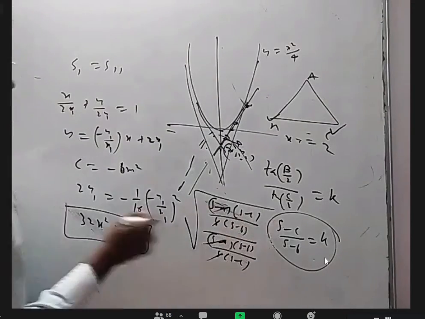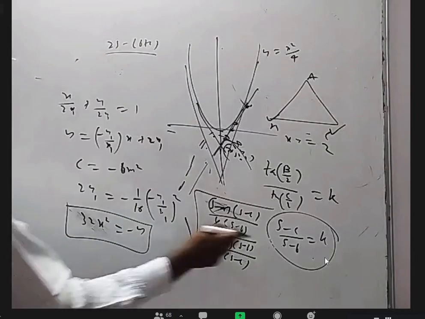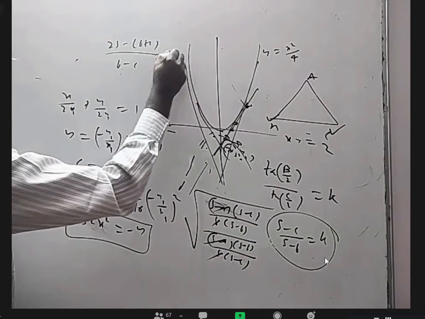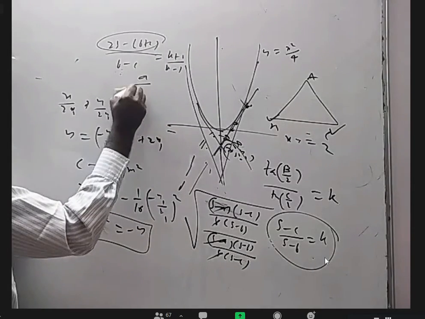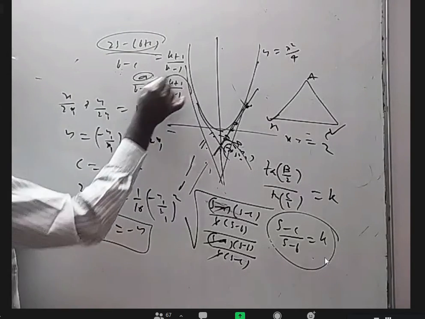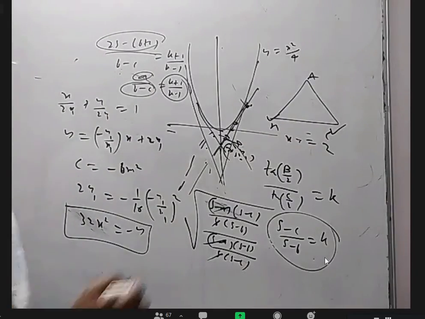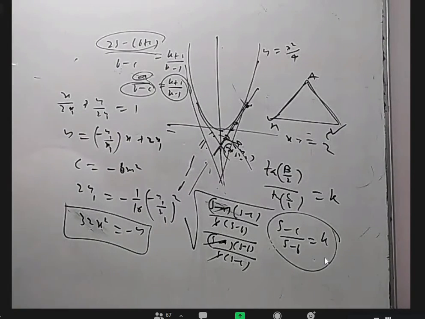Numerator plus denominator is 2S minus B plus C. Numerator minus denominator is B minus C, equal to K plus 1 by K minus 1. This is A, right? A by B minus C is K plus 1 by K minus 1. A is constant, K is constant. So B minus C is a constant. Once B minus C, that is this minus this, is a constant, PA minus PB is constant means hyperbola, right? Yes, sir. Yeah.